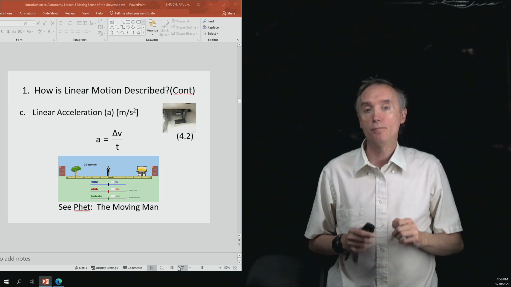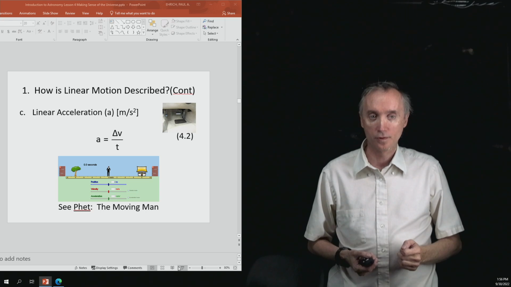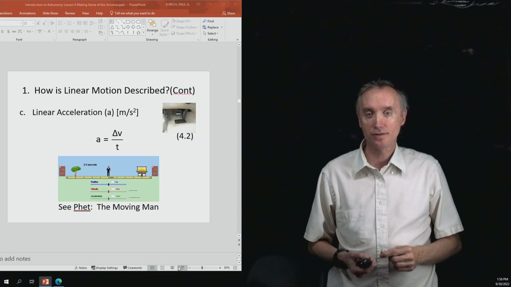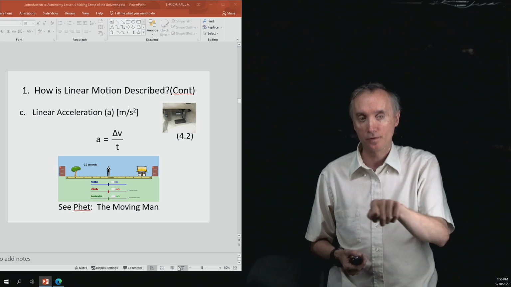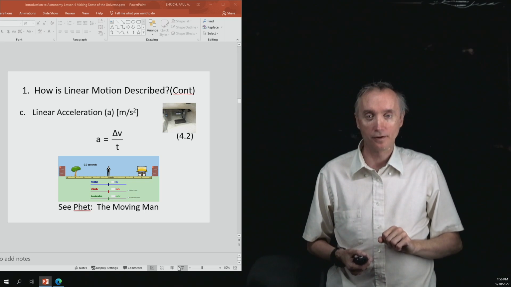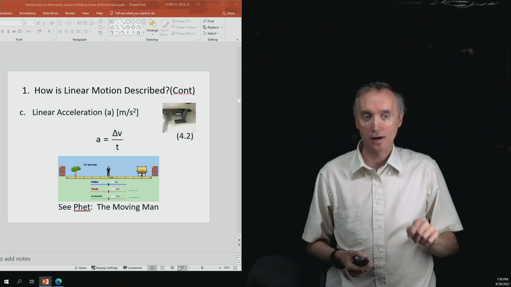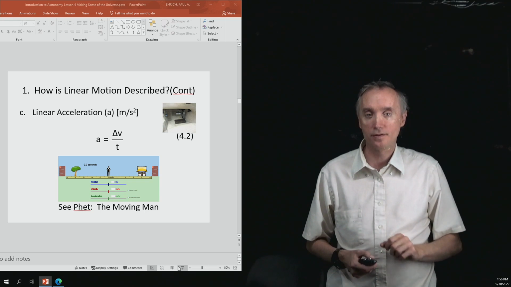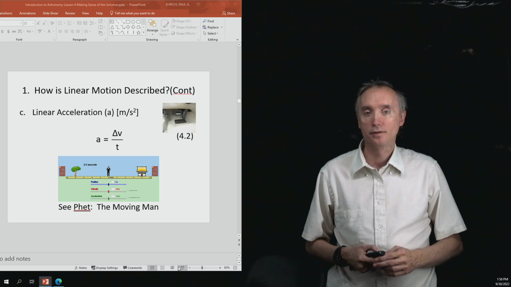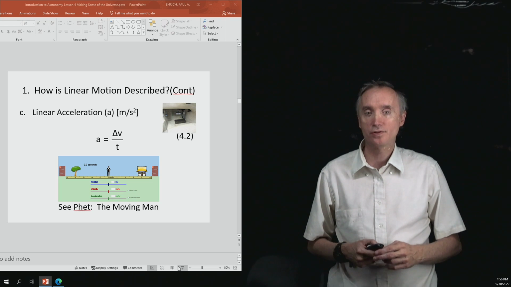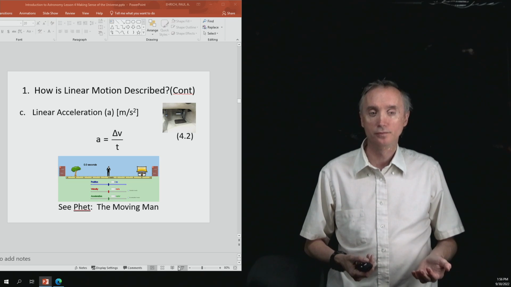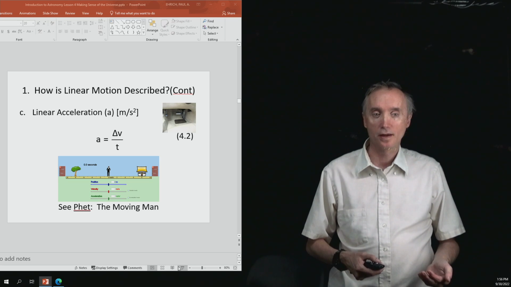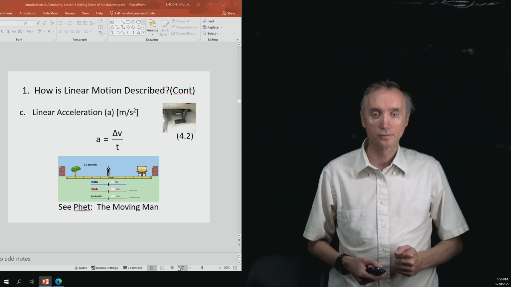Now, I also want you to investigate. Give him a positive speed, but a negative acceleration. Move the bottom slider to the left and give him a negative acceleration and a positive speed, then start it and see what happens. You'll notice that he starts to move to the right, but then he slows down and reverses, and then starts going back the other way.